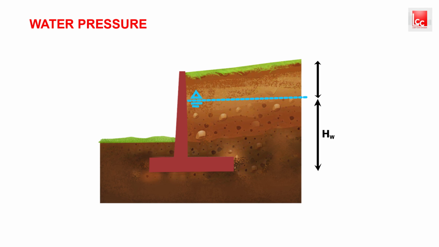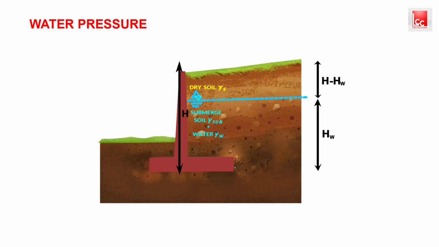The remaining dry soil will have a height of H minus HW, where H is the total height. The dry soil will have a unit weight of gamma S, and the submerged soil will have a unit weight gamma submerged.